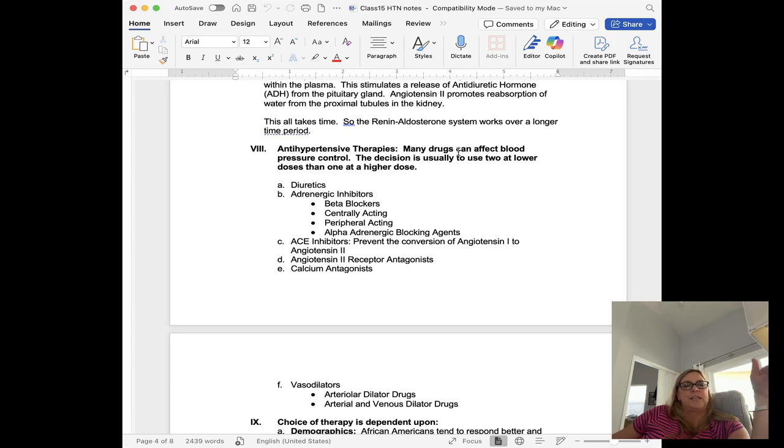And then our angiotensin 2 receptor blockers, we call them ARBs, or now they're moving to even calling them aldosterone inhibitors. They are called ARBs, okay, and they end in artan. So beta blockers end in olol, ACE inhibitors end in pril, and our ARBs end in artan.